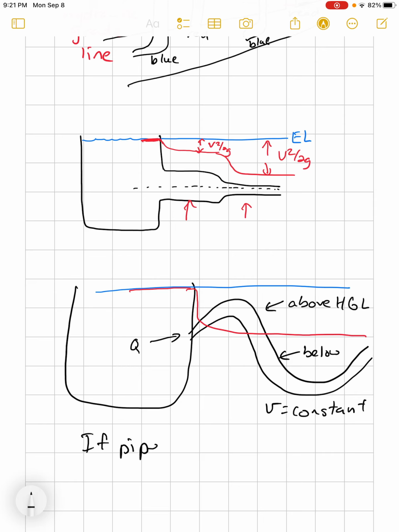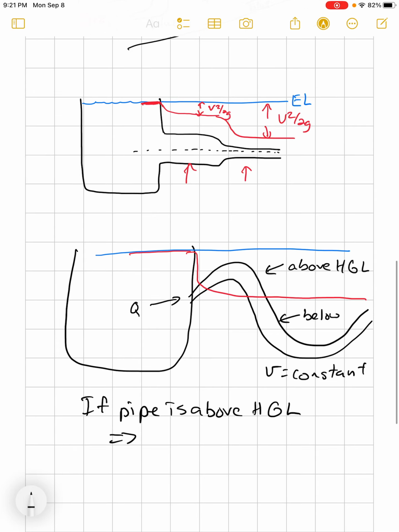So if the pipe is above the hydraulic grade line, then that tells us that the pressure in that is going to be less than 1 atmosphere.